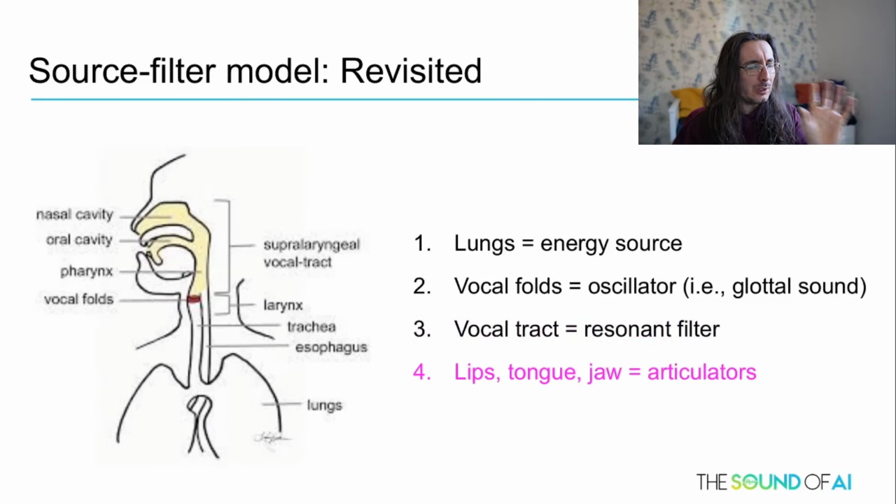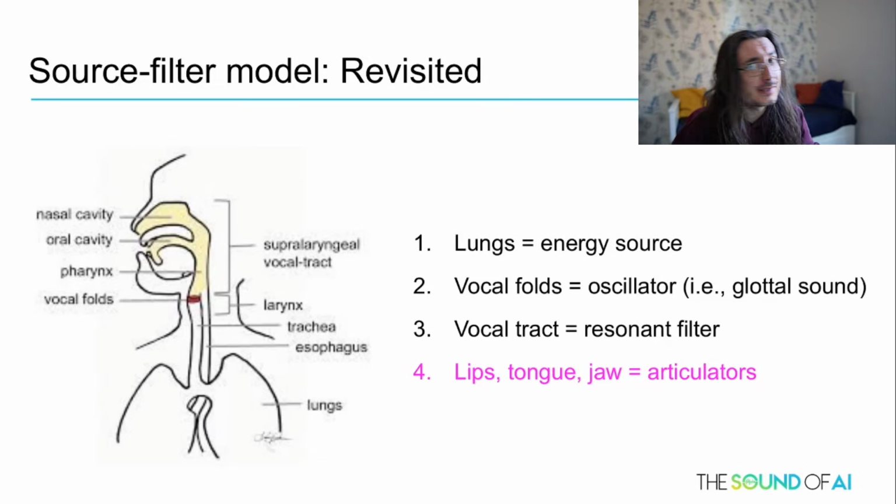While the vocal tract tends to be relatively stable, we have some articulators that we can move, like the lips, the tongue, the jaw, that change in a fine-grained manner the type of filtering that we do, and so they articulate the sounds, the phonemes.